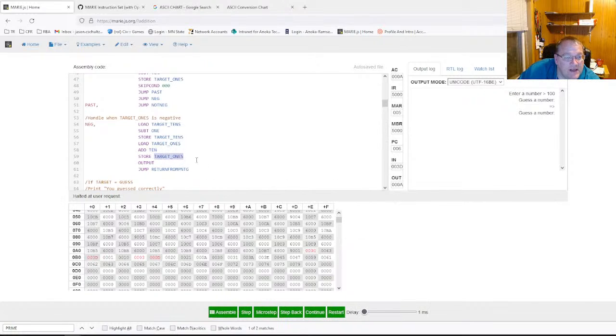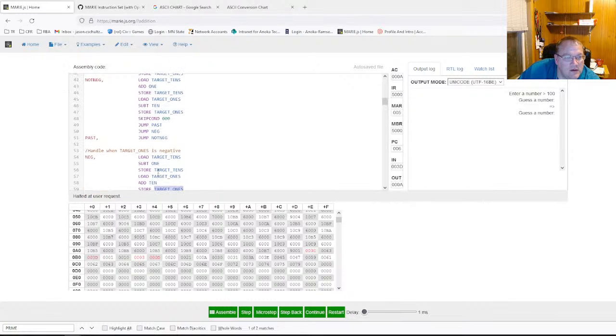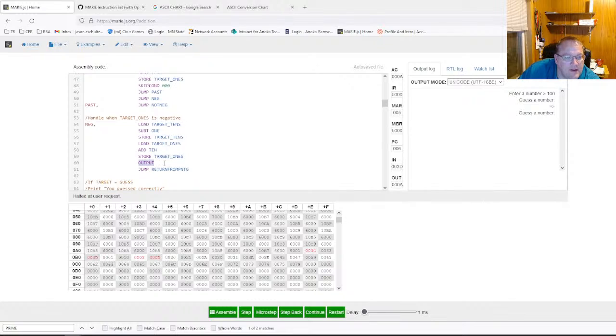And then we store that back into target ones. And then we're going to output, and that'll be the target one. So that should just output here. So then actually what I should do then is add our digit offset.